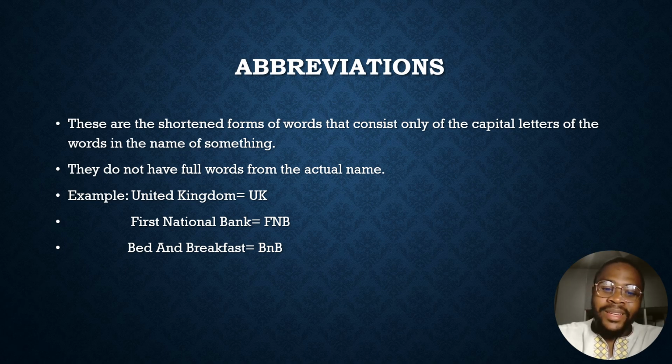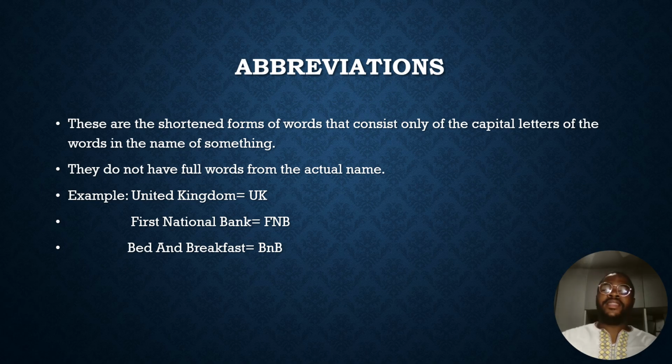So today we are continuing on the kinds of words, talking about abbreviations. These are the shortened forms of words that consist only of the capital letters of the words in the name of something.